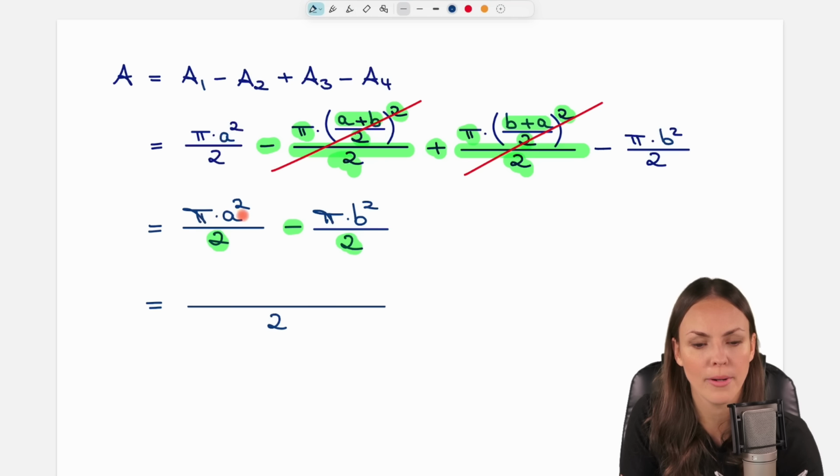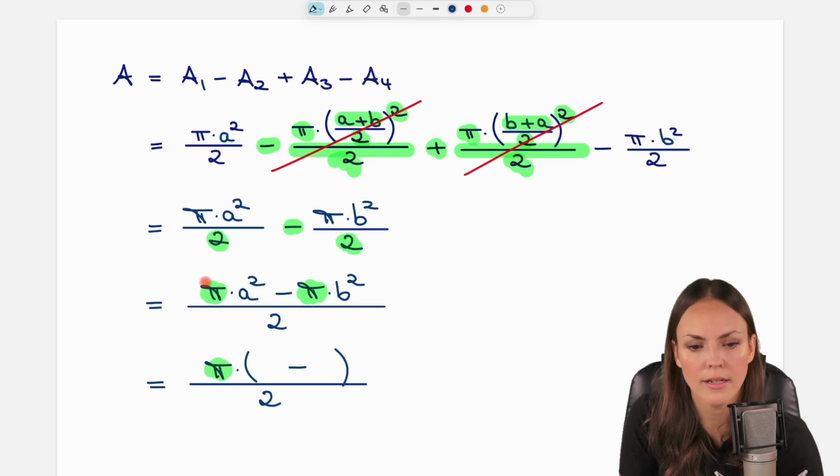Okay, now pi is in here and in here, so we could factor out pi. Let's do this so that we have our fraction here. And if we factor out this green pi, what is left in my parentheses then? We have this minus here in between, and if we factor out pi, only a squared is left here. And if we factor out pi here, only my b squared is left.